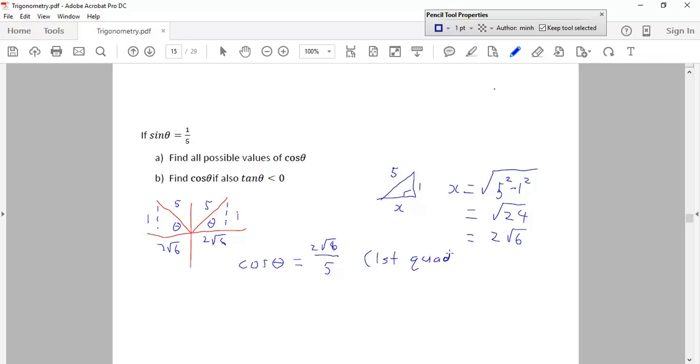And the second quadrant, you know, it's also going to be 2 root 6 over 5. But think about, is cos positive or negative in that second quadrant? So you know it's negative because only sine is positive there.